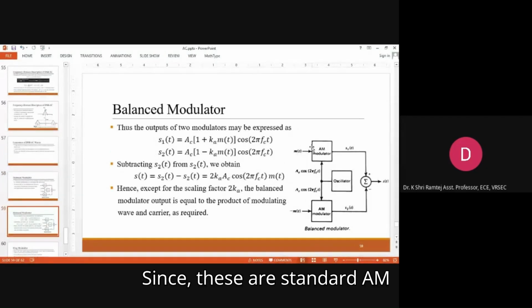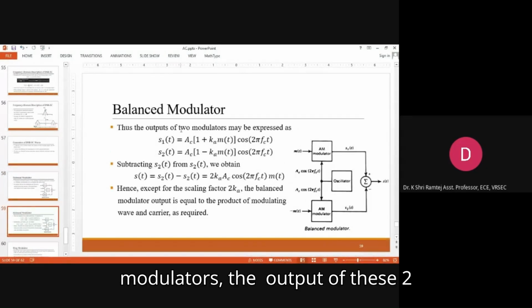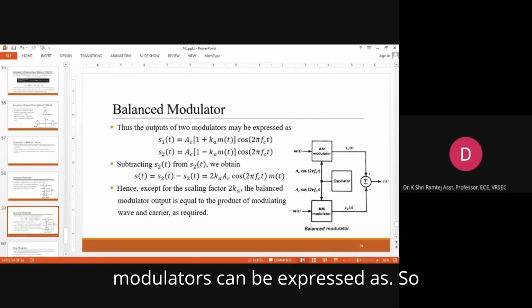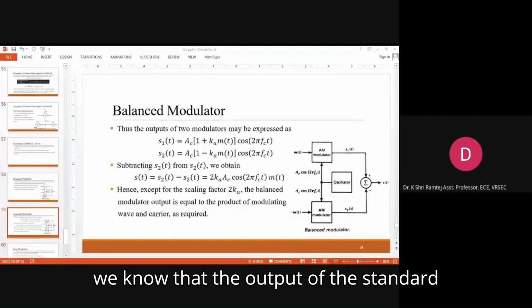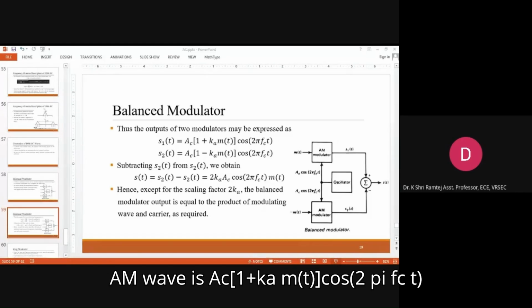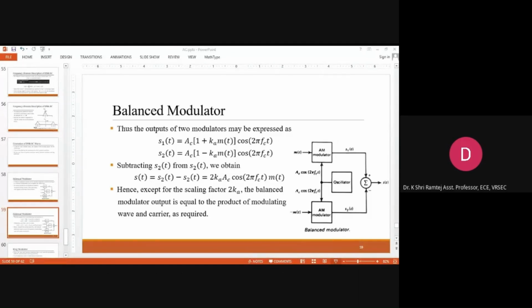Since these are standard AM modulators, the outputs of these two modulators can be expressed as follows. We know that the output of a standard AM wave is Ac into 1 plus Ka m of t, cos 2 pi fc t. So S1 of t will be Ac into 1 plus Ka m of t, cos 2 pi fc t.